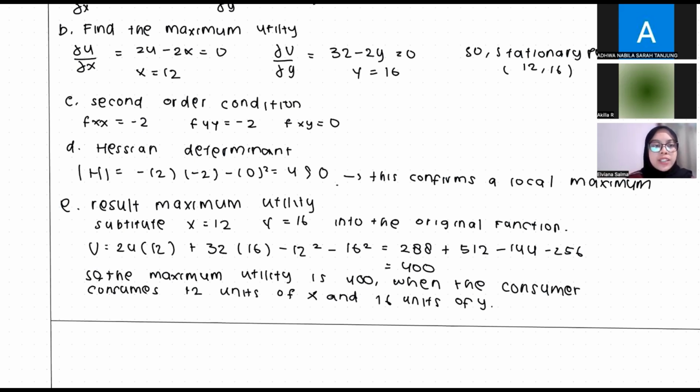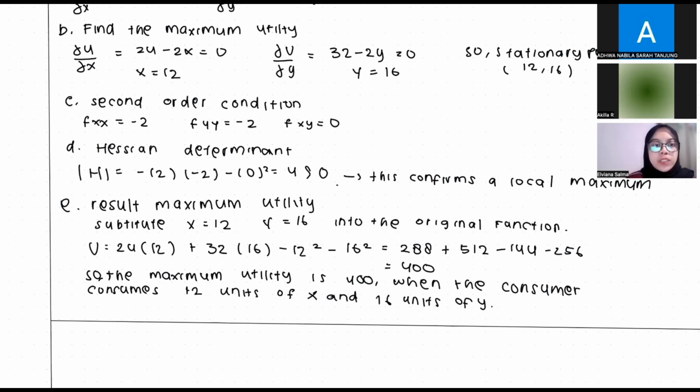And then last, the result of maximum utility. We substitute x equals 12 and y equals 16 into the original function. The original function is u equals 24x plus 32y minus x squared minus y squared.